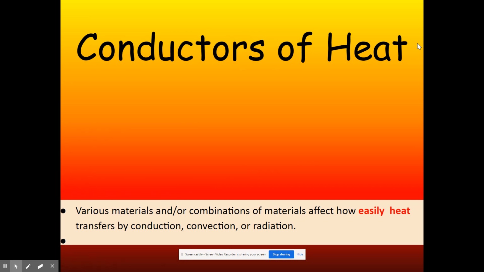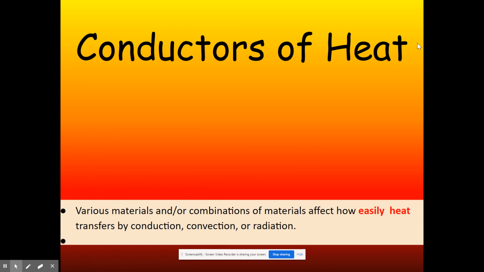Conduction is whenever it's transferred through touch, and convection is through a fluid like a gas or a liquid, where we have the rising of the heated fluid and then the sinking of the cooled fluid, and it creates these little cells of moving heat. And then radiation is the transfer of heat through an open space in the form of rays or waves, like the electromagnetic rays that the sun sends heat to the earth through.